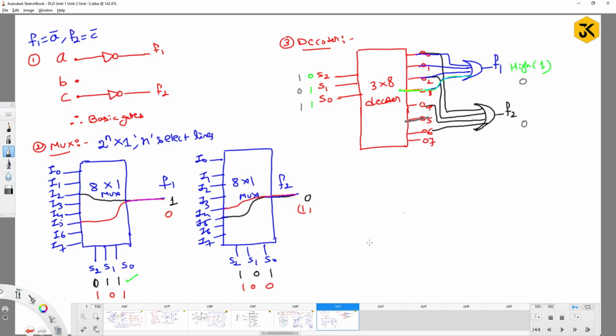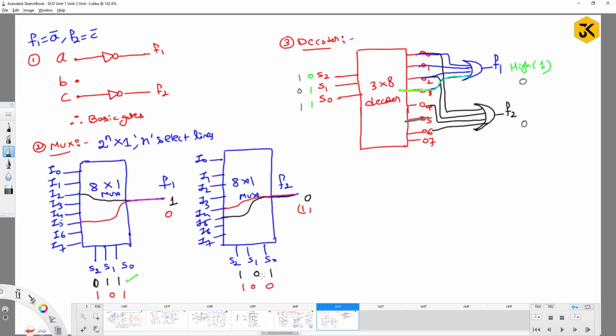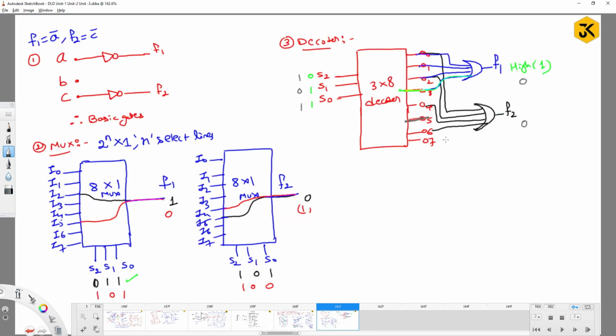That means your output is 0, right? Similarly, try to pass 101. When 101 is passed, observe here, you need to get the value 0 for F2 also, right? That's why you got 0.